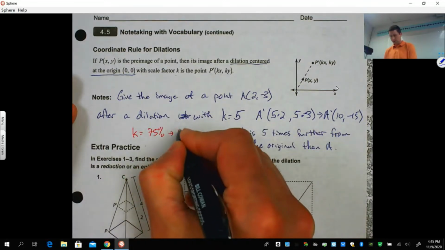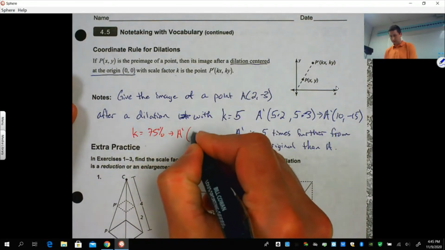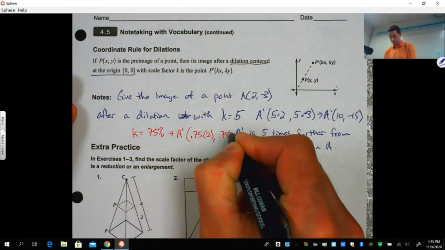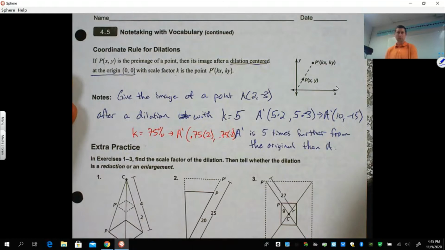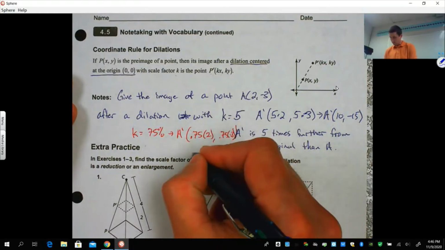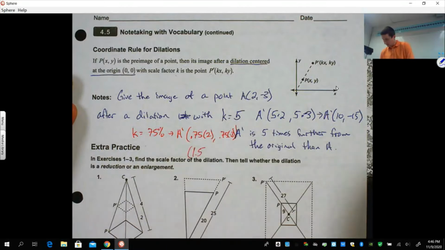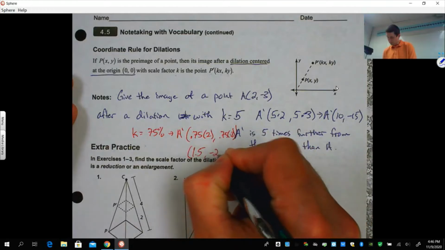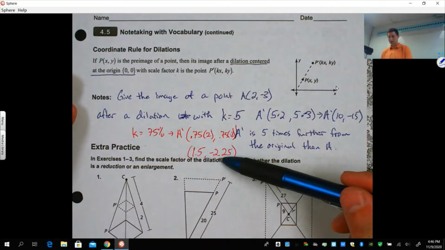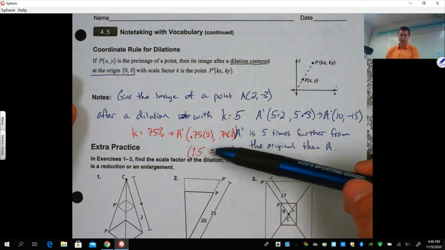Then what you have to do for A prime is take 0.75 times 2 and 0.75 times -3. So remember, any percentages, convert those into decimals. So that would be 1.5, and 3/4 of 3 would be 9/4, so that'd be 2 1/4, -2.25. That would be a reduction because now it's going to be closer. So A prime now is 75% of the distance to the origin that A was.